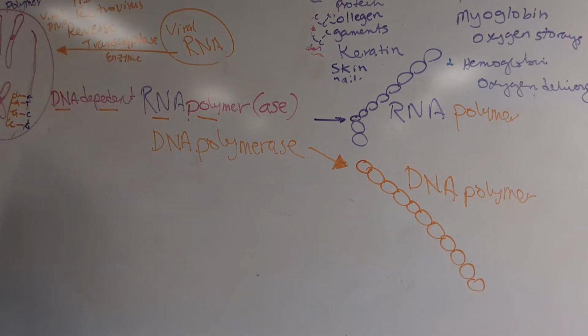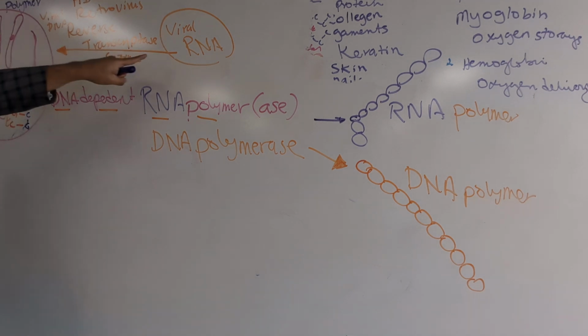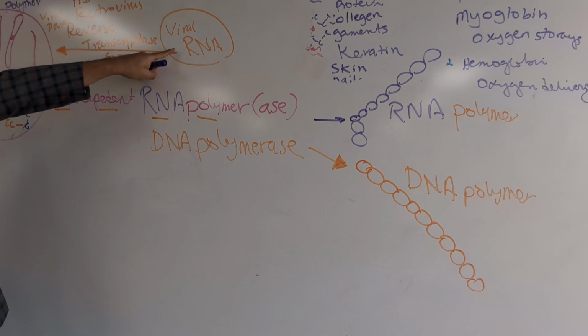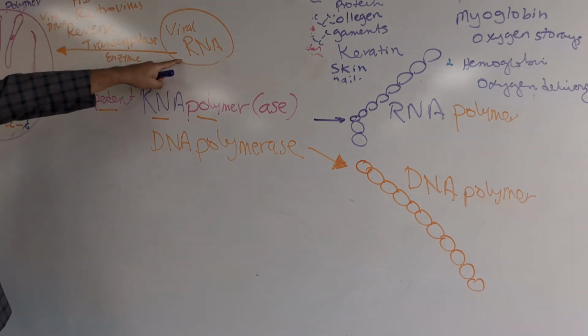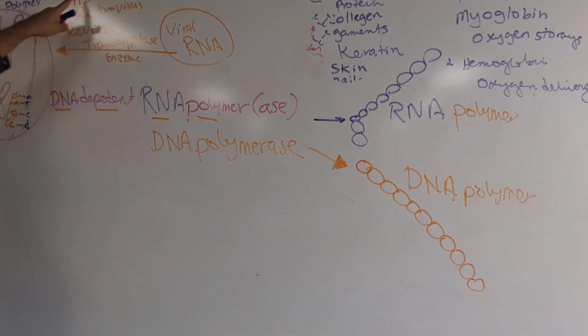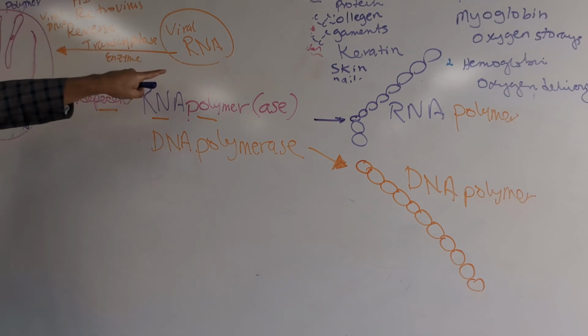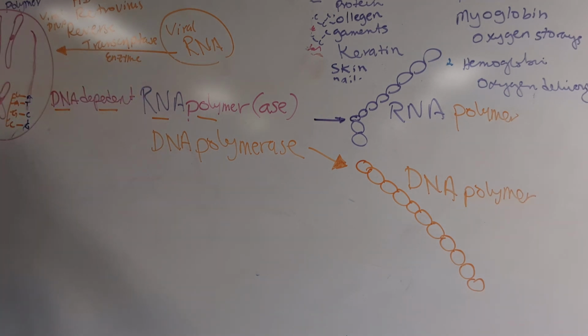What am I going to use? DNA polymerase. What did I depend on? Did I depend on RNA to make the DNA, or did I depend on the DNA to make the DNA? RNA to make the DNA. Yeah, this is my RNA. The virus only has RNA, and it made DNA from the RNA. So it transcribed, that's why they call it the reverse transcriptase.